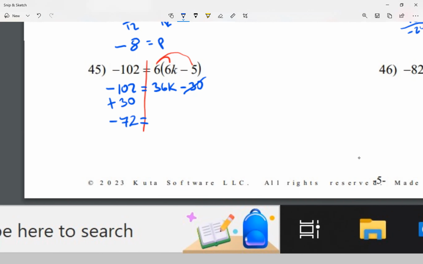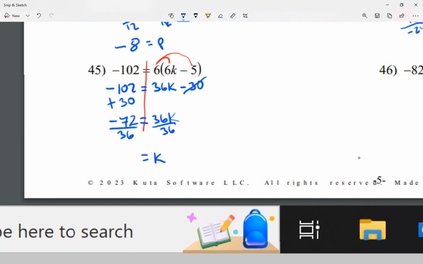The larger one was negative, so negative 72, it's equal to 36k. Now to get k by itself, let's divide by 36. Negative divided by positive is negative. 72 divided by 36 is 2. So k is equal to negative 2.